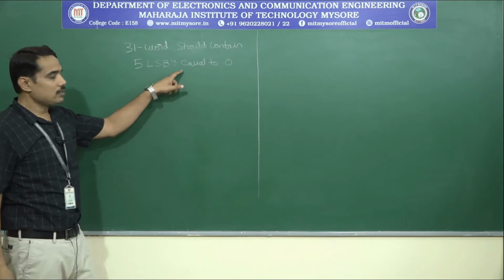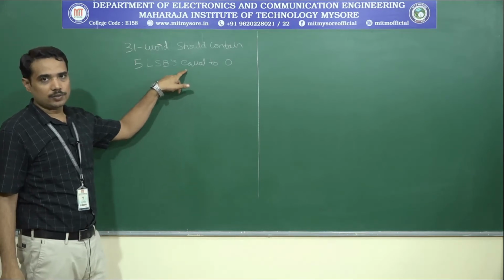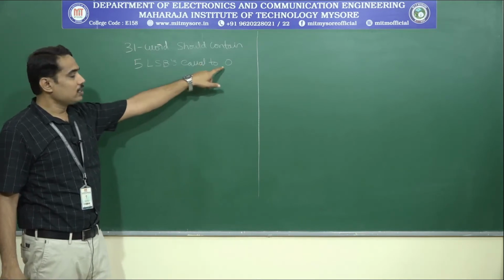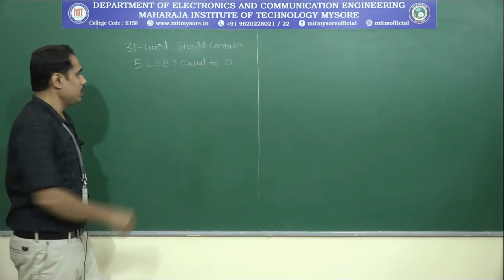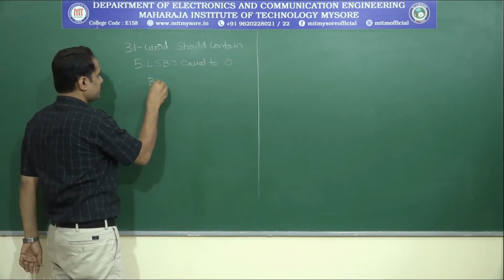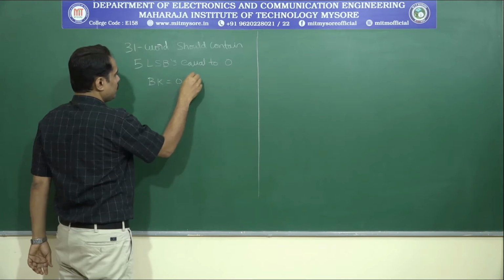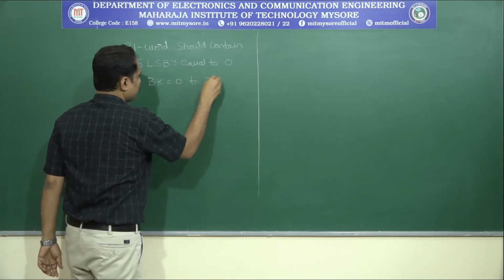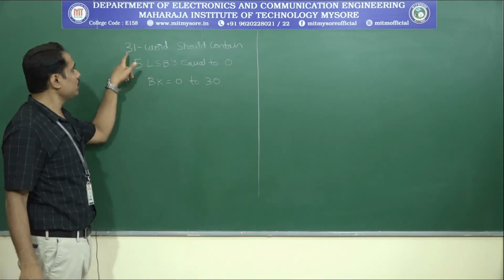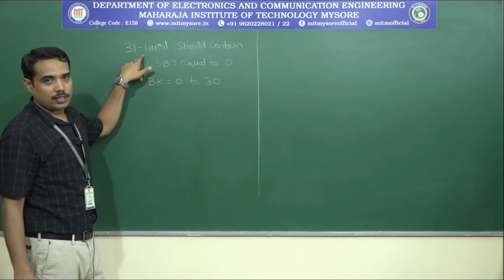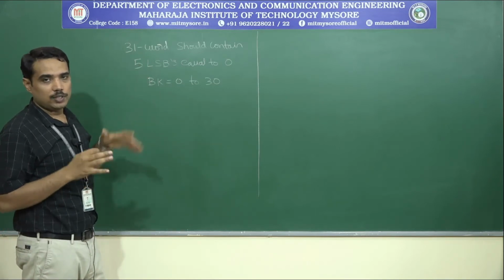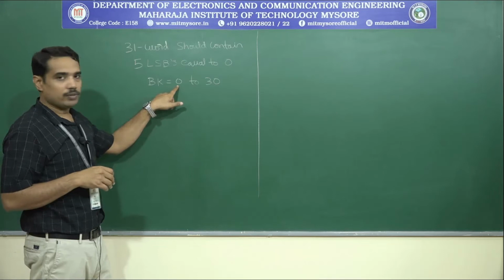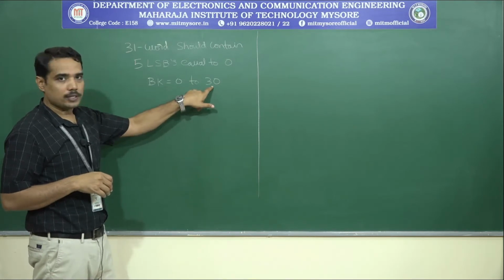And starting the index from 0, the buffer size BK will end up with 0 to 30. Even though we have 31 words, we are starting on an n-bit boundary with respect to 0 as the index. If you start from 0, we will end up with 30.